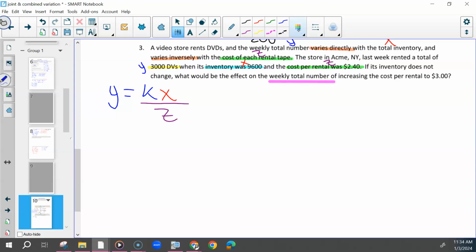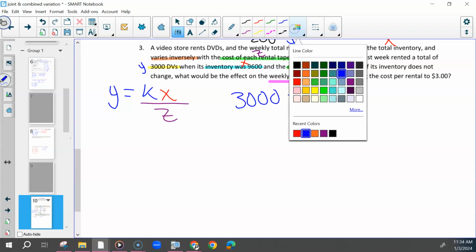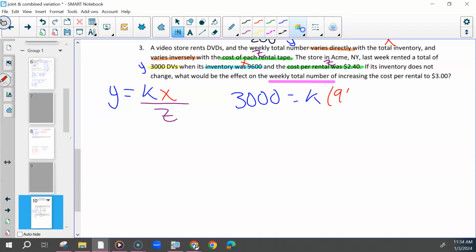So we have 3,000 equals K times 9,600 all over 2.40.